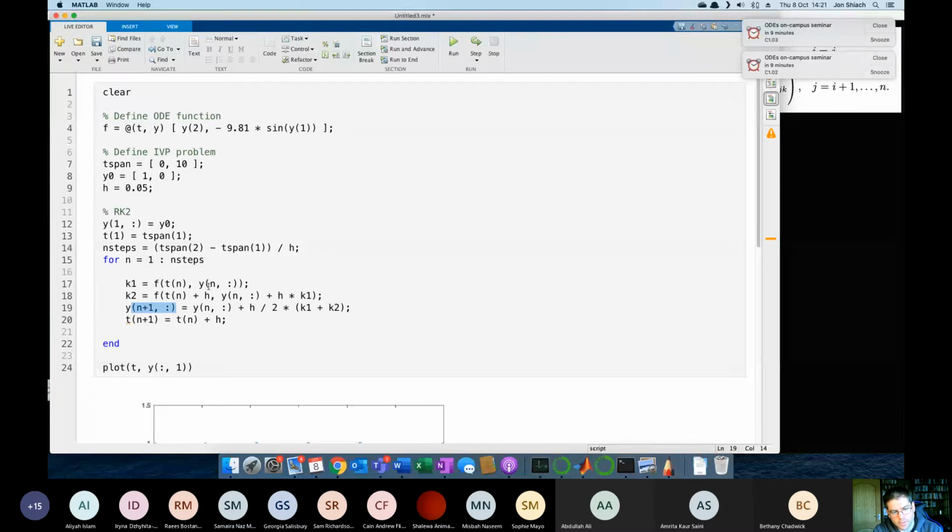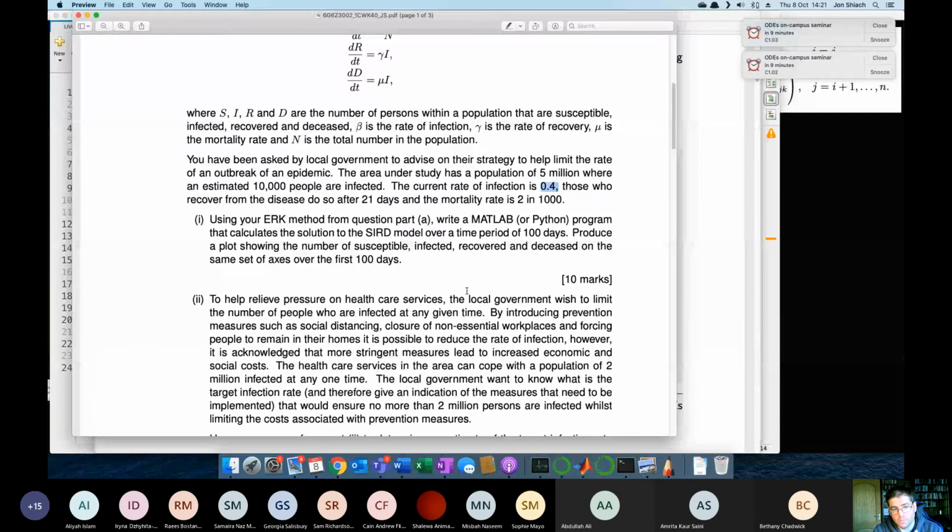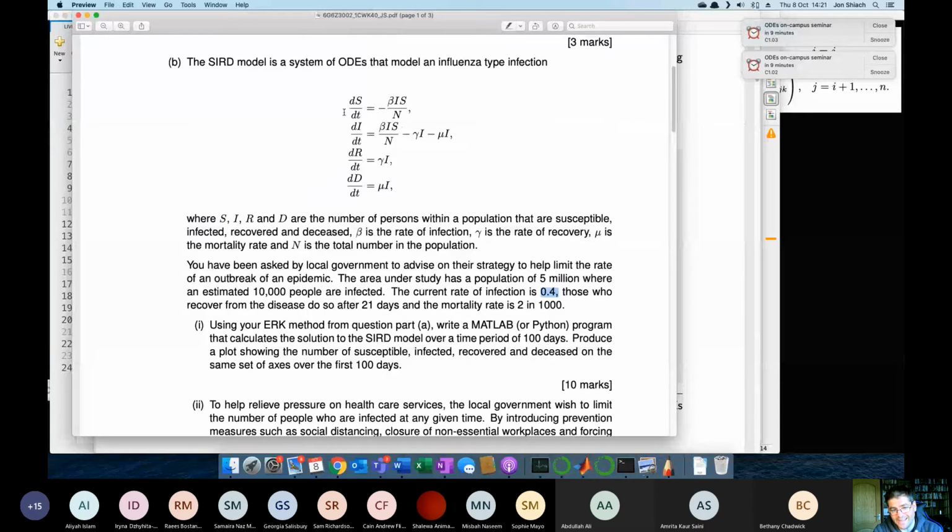We do that by putting comma colon after it. With our y array, in this case we've only got 2 columns in y. For the assignment, we'd have a column each for S, I, R, and D. Does that shed a bit more light on it?